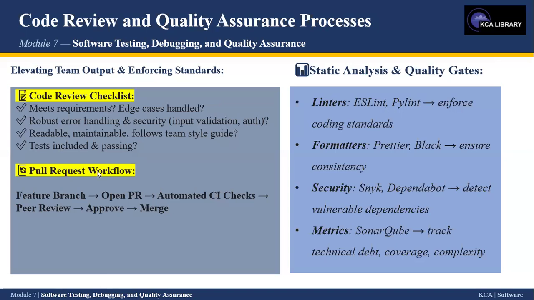Pull request workflow is shown here. Then for static analysis tools, we have linters, formatters, security scanners, and SonarQube to track technical debt, coverage, and complexity. Reviews catch what tests miss and spread knowledge across the team.